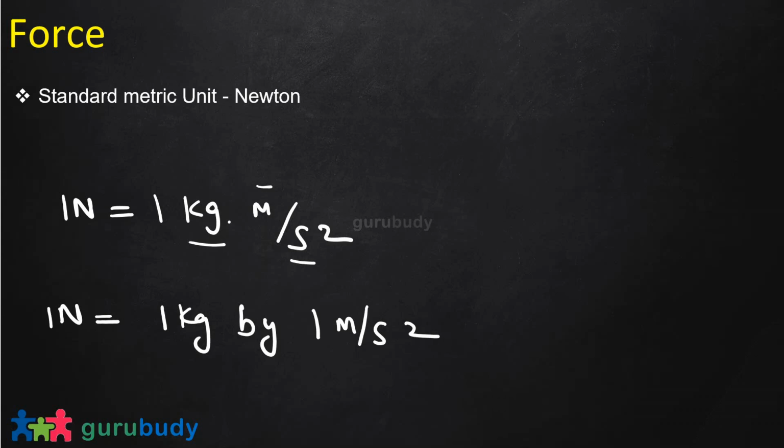And we will learn as we move forward in this chapter how that is true. But for now, I would say remember that standard unit of force is Newton, and 1 Newton is equivalent to 1 kg meter per second square. Okay, let's move forward.